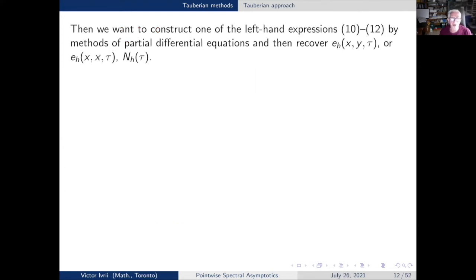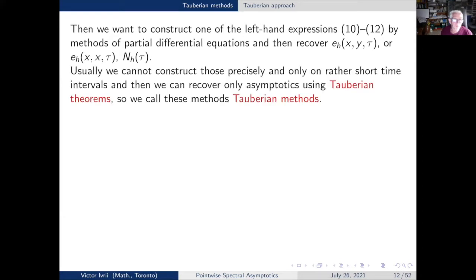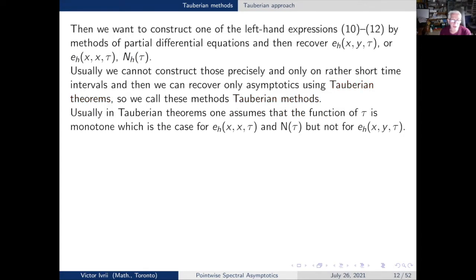Then we want to construct one of the left-hand expressions by methods of partial differential equations, and recover the corresponding expression e_h when x is not y, or e_h(x,y), or N(h). Usually we cannot construct those precisely, and only on rather short time intervals. And then we recover only asymptotics, not precise equations, using Tauberian theorems. So we call these methods Tauberian methods.